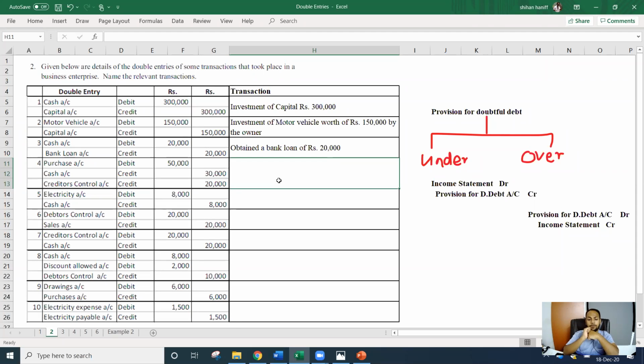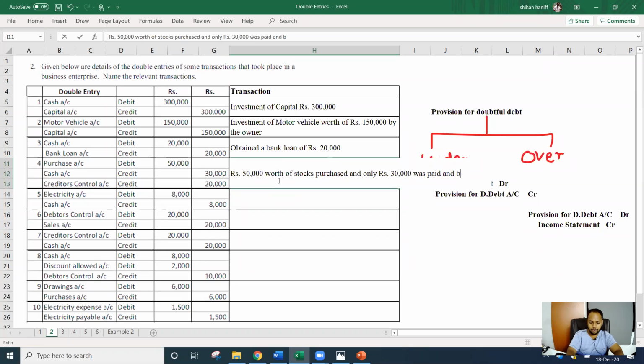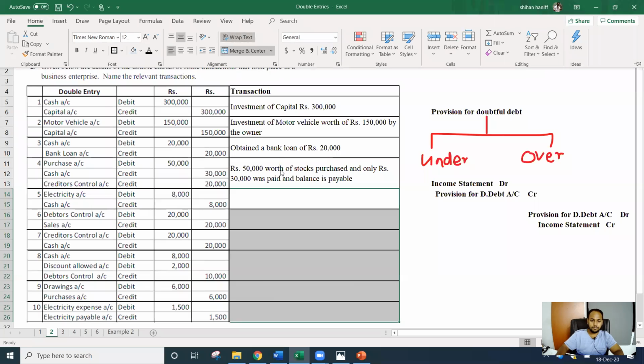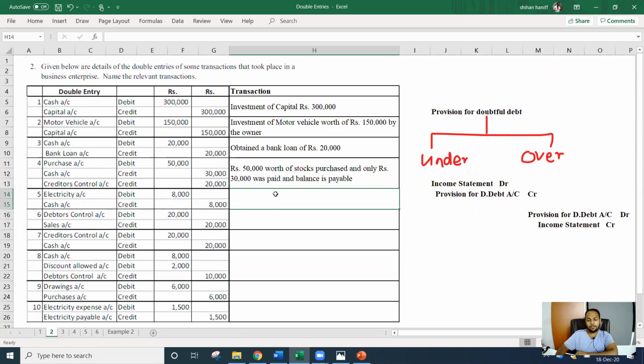Another 20,000 is payable to the creditors. 50,000 worth of stock purchased, 30,000 paid, balance is payable.